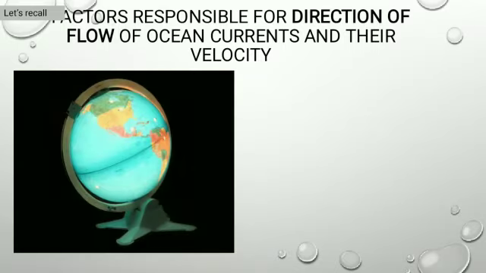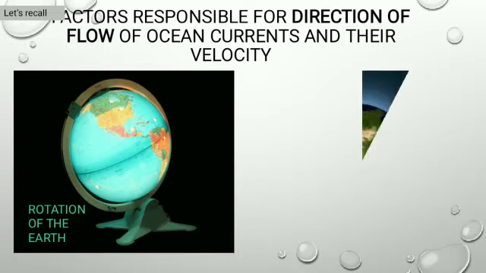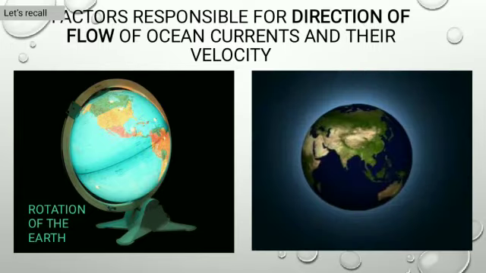Those are the rotation of earth, due to which the water in the northern hemisphere flows clockwise, and in the southern hemisphere it flows anti-clockwise. The second one is continental structure. The coastal alignment decides the flow of ocean currents. So the factors responsible for the direction of the flow are rotation of the earth and continental structure on the earth.